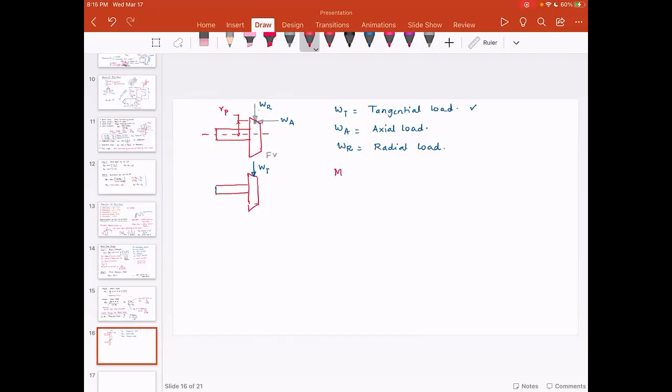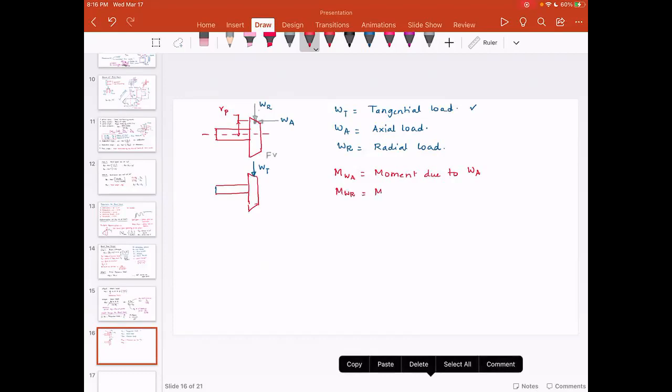So it's going to give you a moment. So M due to WA is the moment due to WA. Then you have WR. So M WR is the moment due to WR. And then we have to find out the resultant moment.